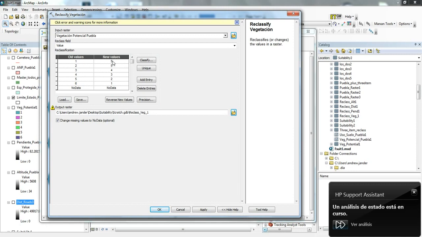This is just based on expert opinion. The evergreen tropical forest or the cloud forest areas are considered 5, and then the evergreen forest is considered 4. The more pine associated forest is 4, and then on down to 1 for the aquatic.